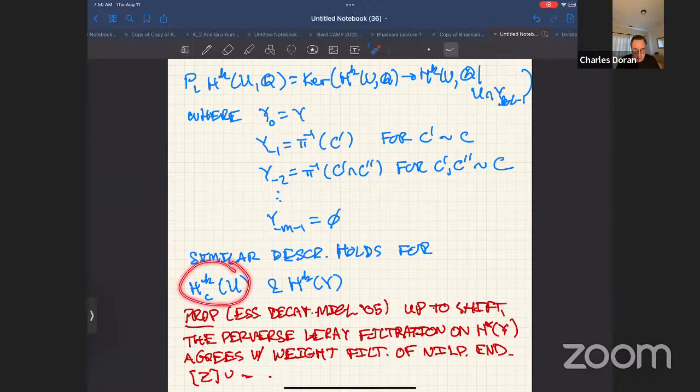H^k compactly supported on U and H^k of Y. This is easy. This is a little more work. So a proposition from the paper with Thompson, which is essentially from de Cataldo and Migliorini 05. They don't state it exactly, but it doesn't take much work. We don't use anything beyond their paper to prove it. It says that, up to a shift, the perverse Leray filtration on H star of Y agrees with the weight filtration of the nilpotent endomorphism.